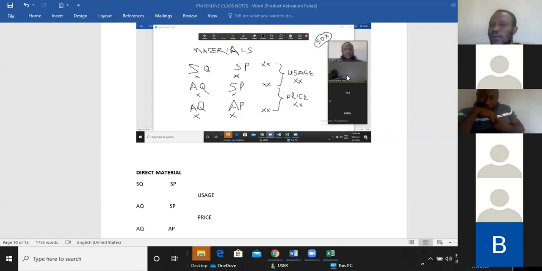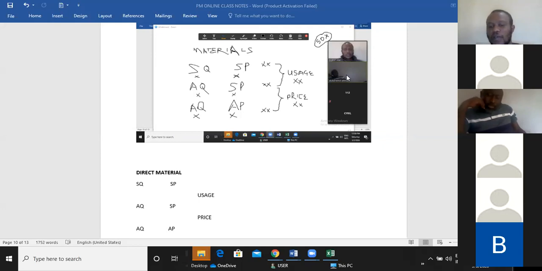Now, since our idle time variance will be adverse, it means that top will be smaller than bottom. So when we make the adjustment in our pro forma, we'll put the lesser one, which is the hours worked, on top and the hours paid under, because that will make this minus this negative, adverse.